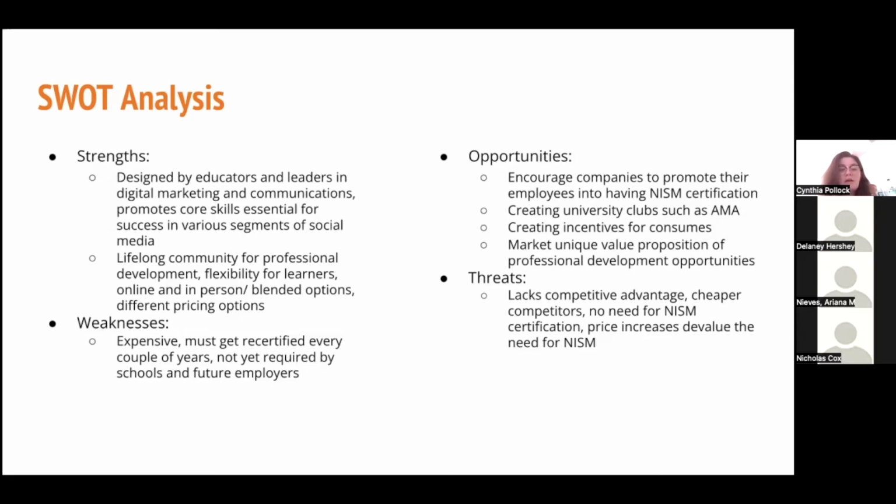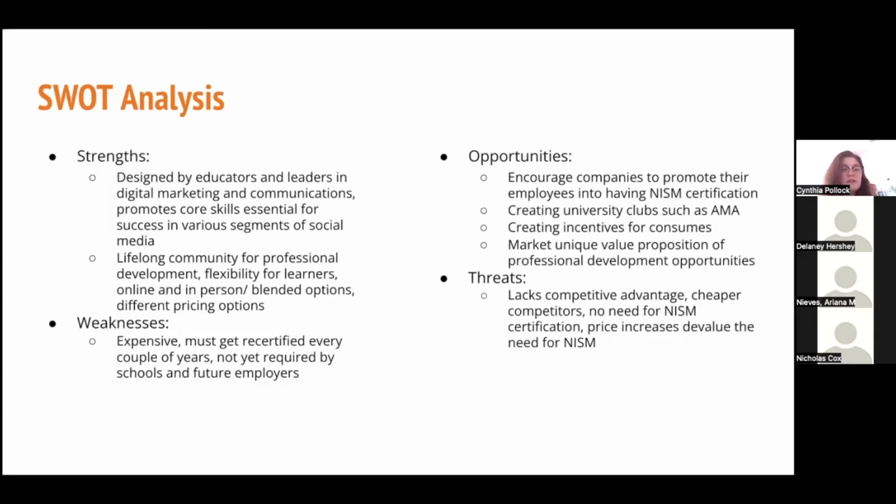And then, creating university clubs such as AMA, NISM could have their own, as well as having that unique value proposition for developmental opportunities.